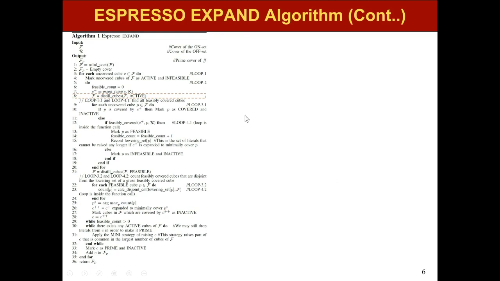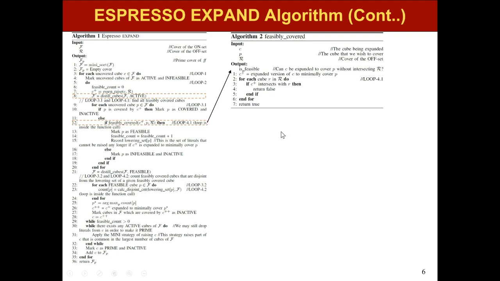Here, we try to focus on the computations themselves rather than why these computations are needed. Having said that, we make the following observations. The algorithm uses a function called feasibly covered, which checks whether a cube C can be expanded to cover another cube P without intersecting the offset. For this, it needs to calculate the distance between the expanded version of C and every cube of the offset.